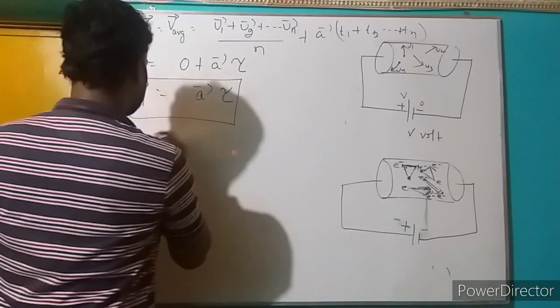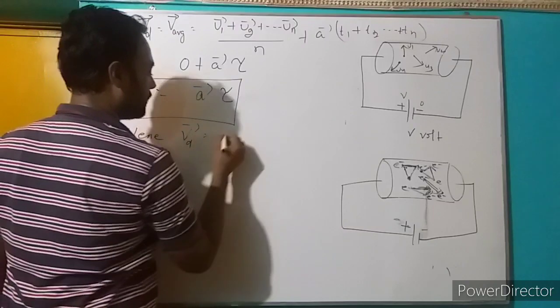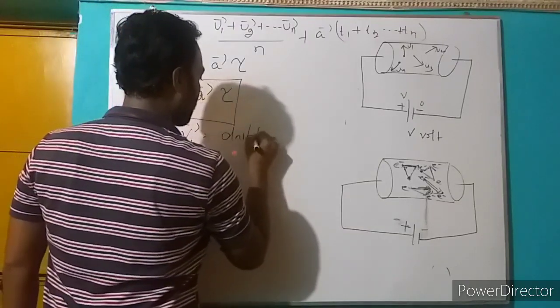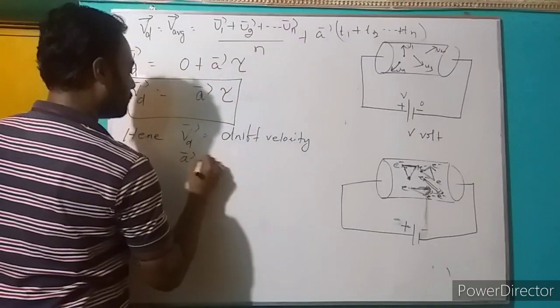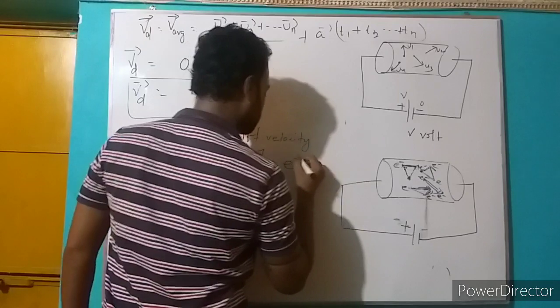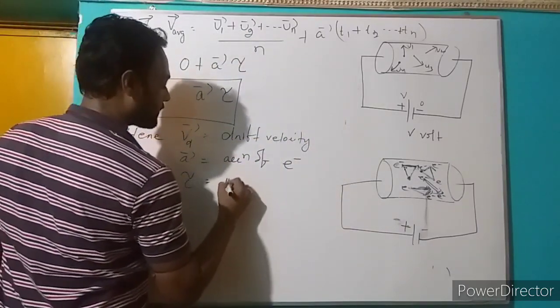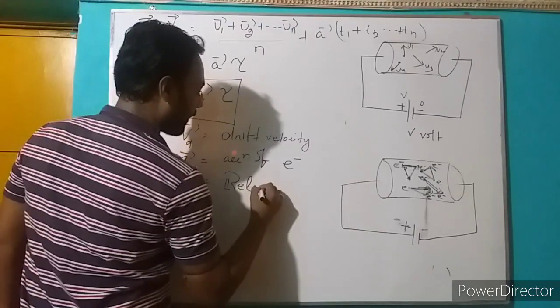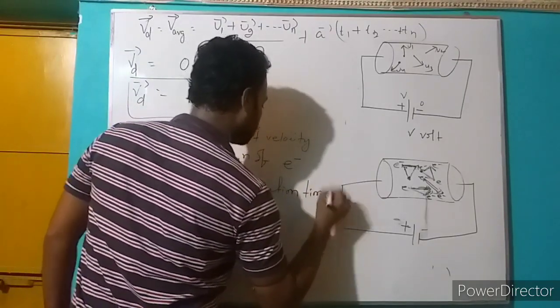So here Vd equals drift velocity, A equals acceleration of electrons, and tau is the relaxation time. Clear?